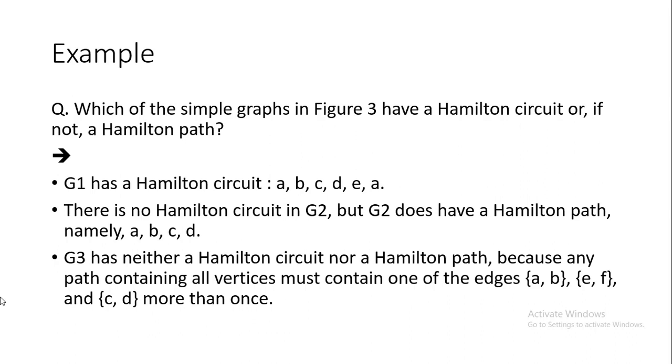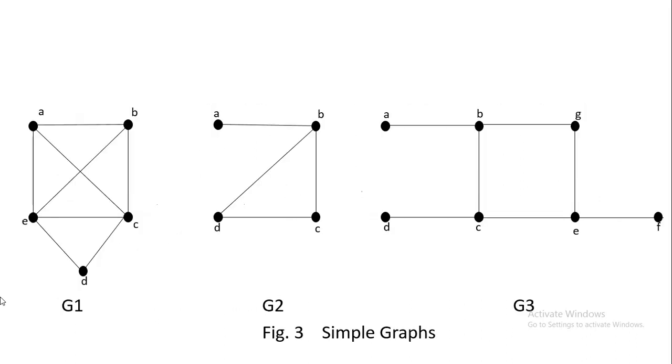Understood? I have already explained in a lot of examples what a Hamiltonian circuit is and how we can find that circuit. So you have to find out whether there is any circuit in G2 or not. G2 does have a Hamiltonian path, namely ABCD.